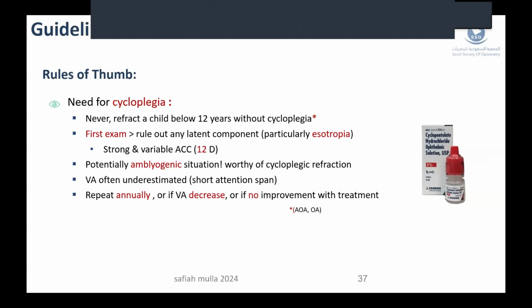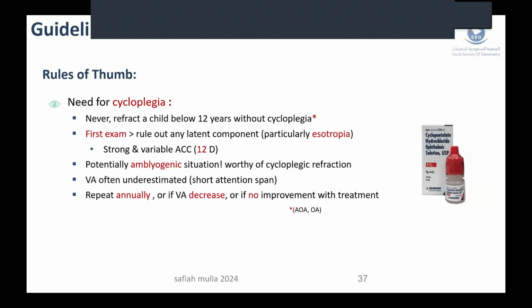So he will give you a level of visual acuity that is not acceptable. And then when you do the cyclorefraction with cyclopentolate, you have some way to estimate the level of visual acuity of the child from the result of the refraction.